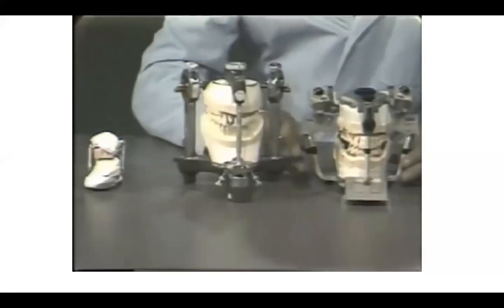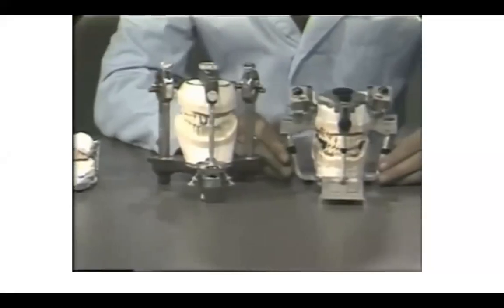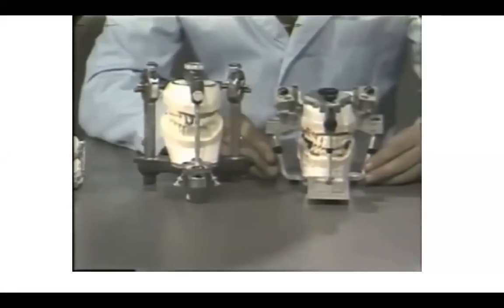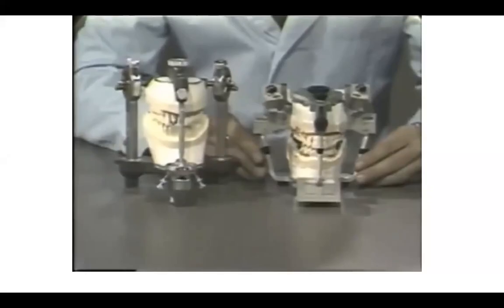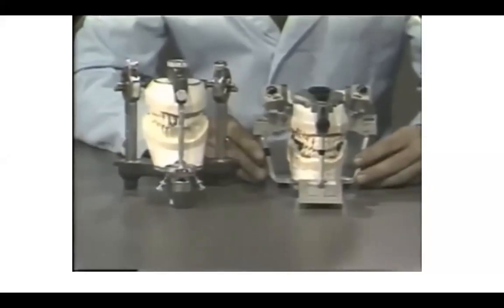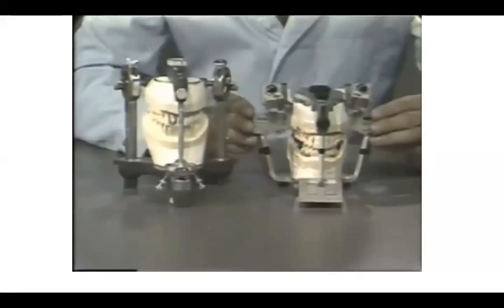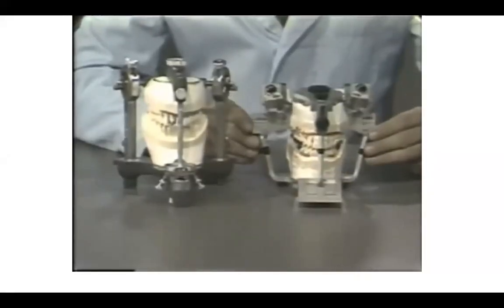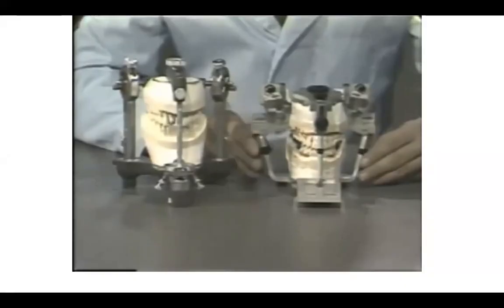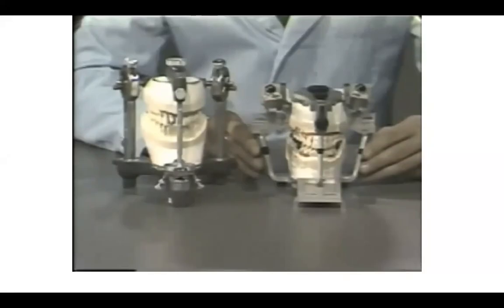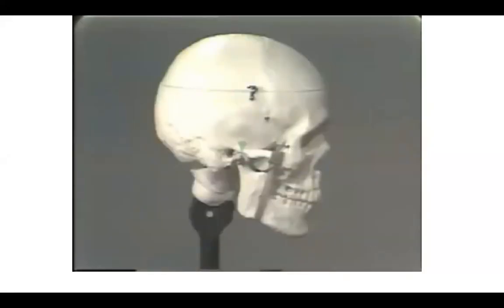Going further to the more complex instrument, it takes from the patient a more complex type of recording to set the articulator. This articulator is then further more accurate in duplicating the patient's movements. We're going to use the skull to review some basic anatomy and some basic mandibular movements.